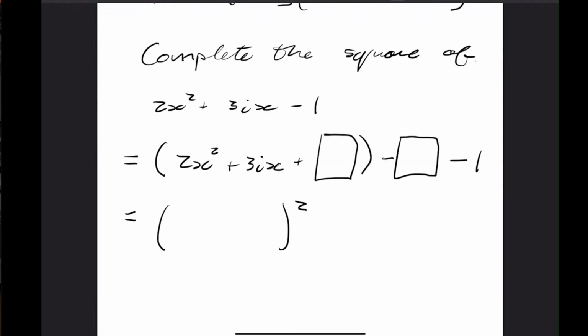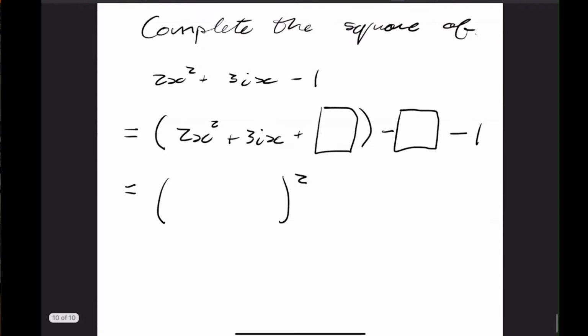And what do we want? We want to know, well, what should we square to get that? Well, we know for this term, what should we square? We should square the square root of 2 x. Okay.